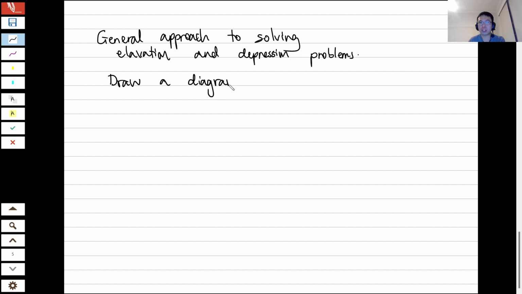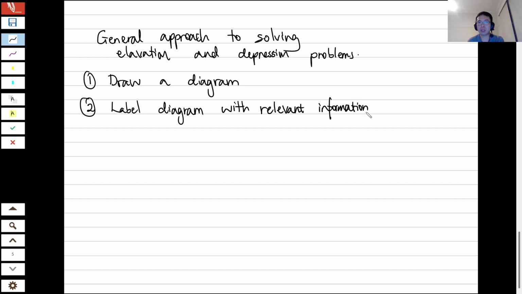If you don't draw a diagram, it's almost impossible to solve these questions. Next, you want to label the diagram with relevant information. Since we are doing trigonometry, the relevant information is angles and side lengths.